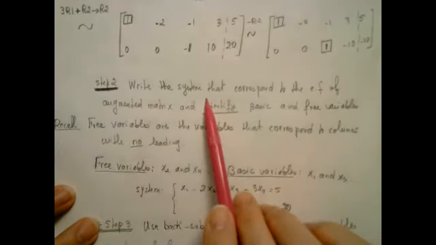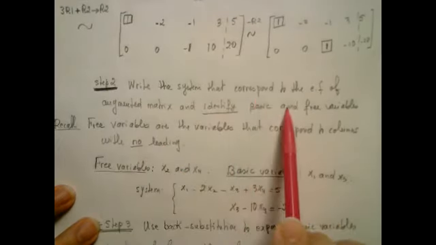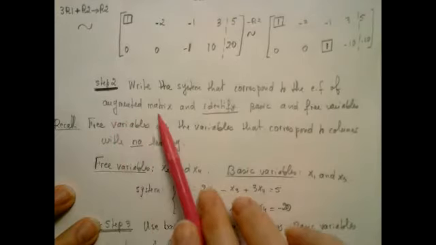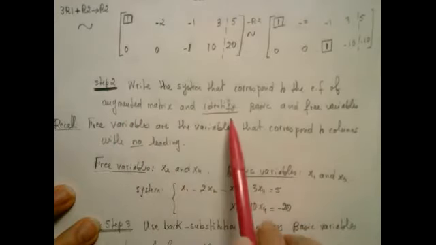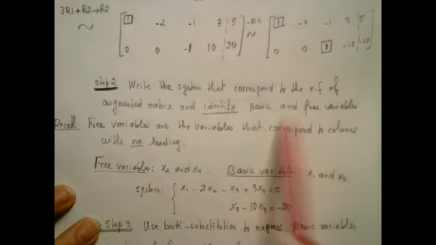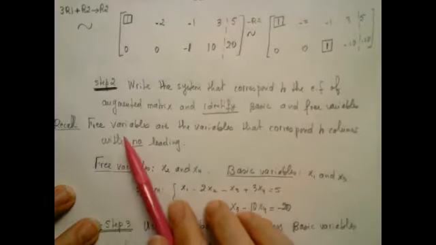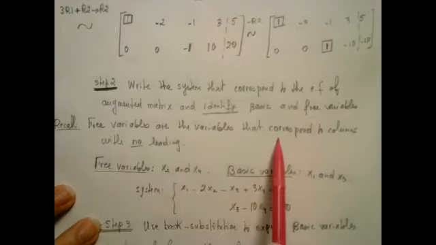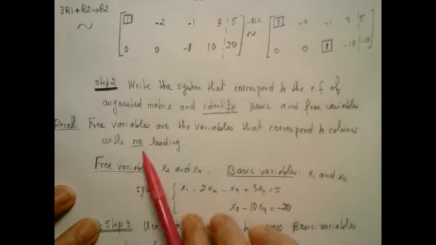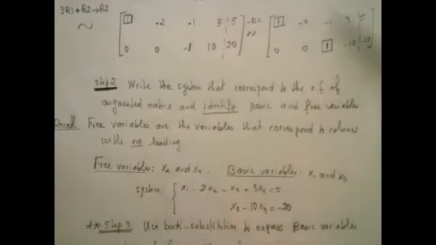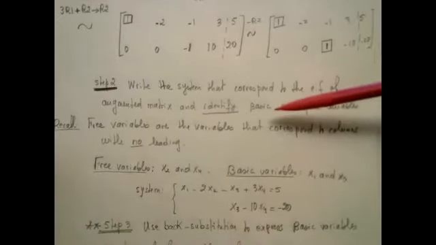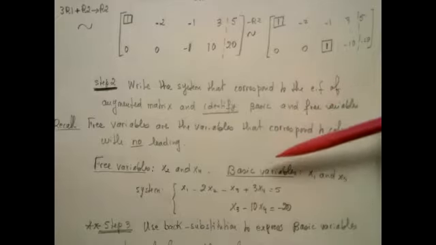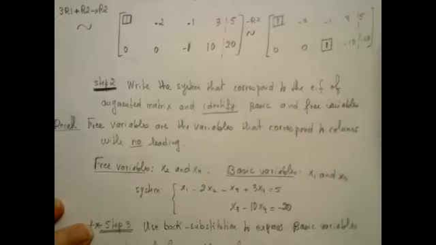You write the system that corresponds to the echelon form of the augmented matrix. You identify the basic and the free variables. And what are the free variables? The free variables are the variables that correspond to the columns with no leading entry. So step number 2, you write the system that corresponds to that. At the same time, you identify the basic and you identify the free. Okay, so let's do step number 2 here.